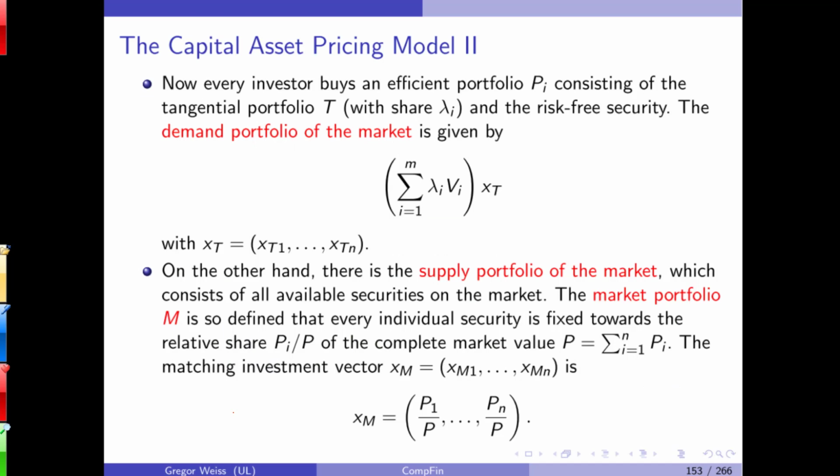Now, every investor buys an efficient portfolio P_i, consisting of the tangent portfolio, with share lambda_i, and the risk-free security. The demand portfolio of the market is then given by the sum over all investors from i equal to 1 through m, lambda_i V_i times x_T, and this is the demand vector, x_T1 to x_Tn.